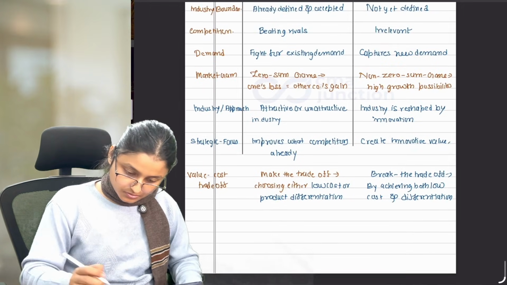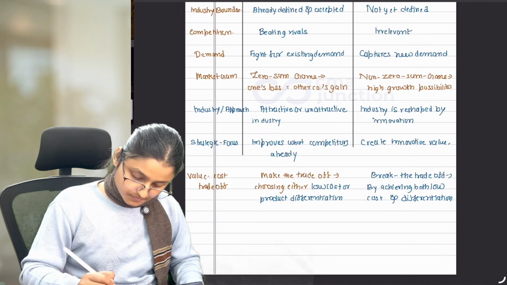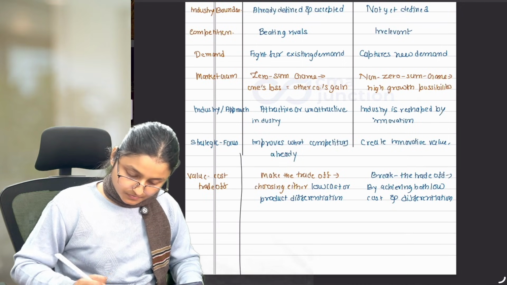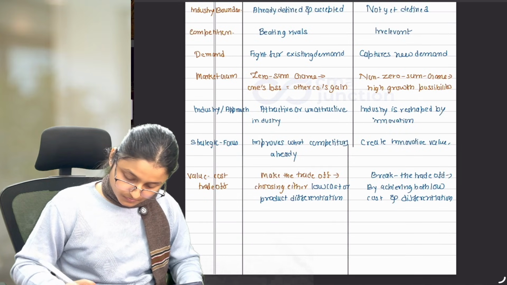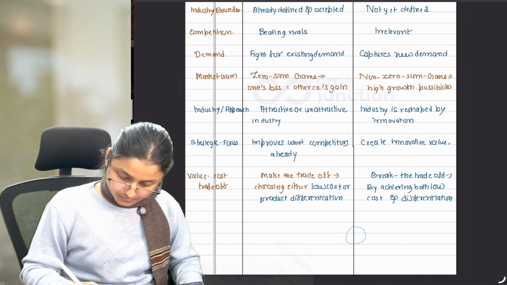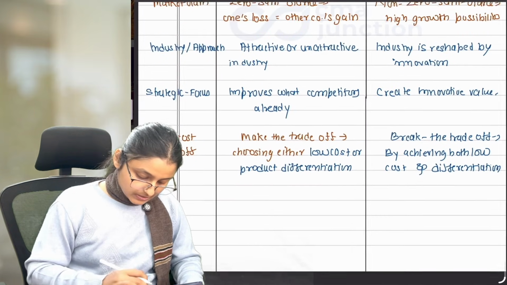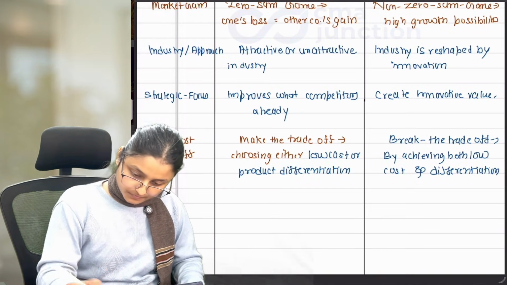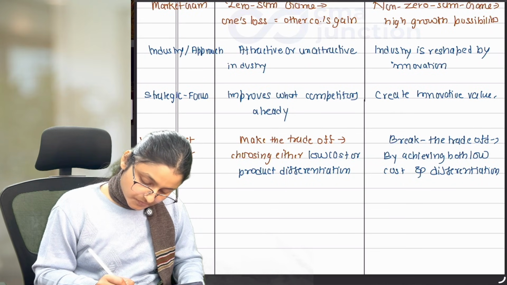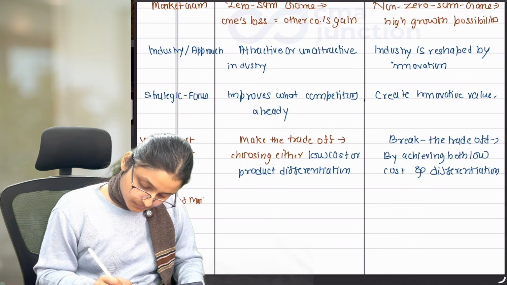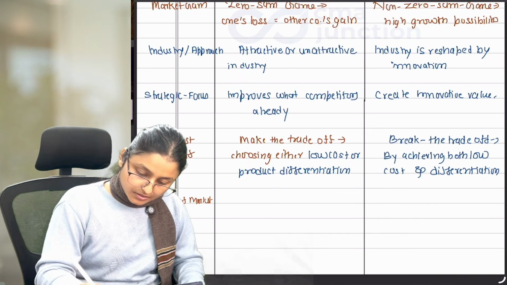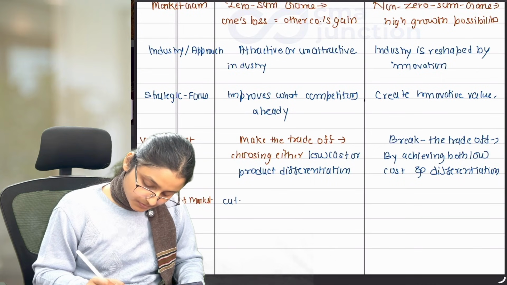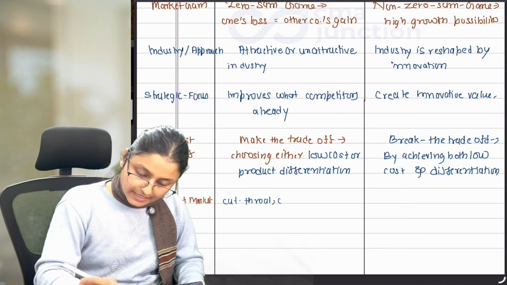Next, nature of market space. Here the market is cutthroat, with cutthroat competition, crowded and saturated.